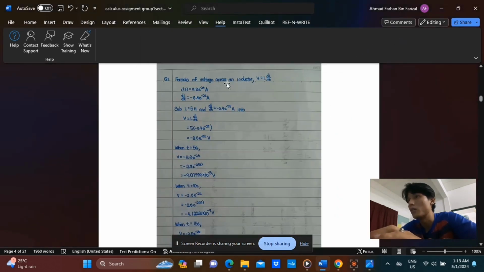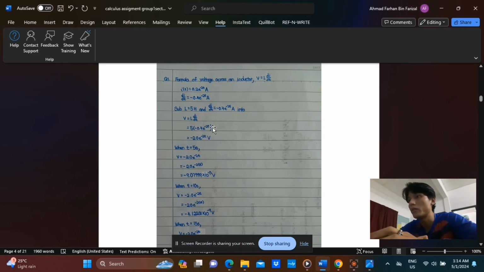So after knowing that, we can differentiate this formula using the theory of exponent differentiation, and then we get this one. After that we substitute L equal to 5 H into the formula, and then we will get this one.